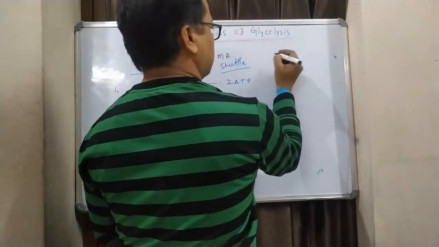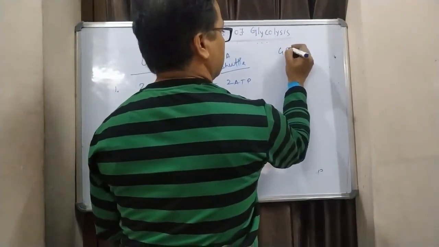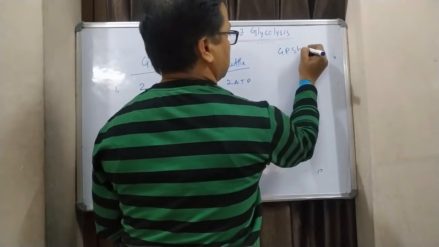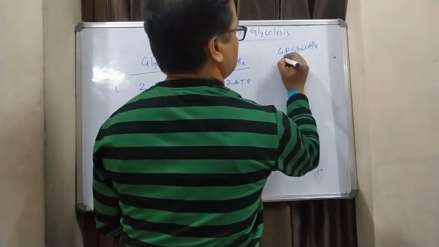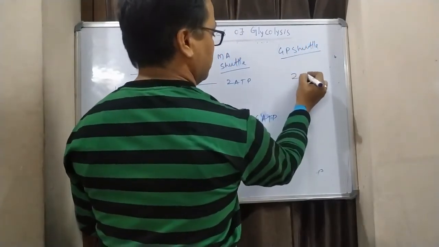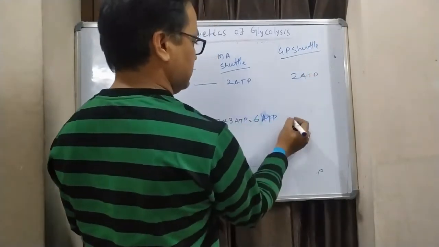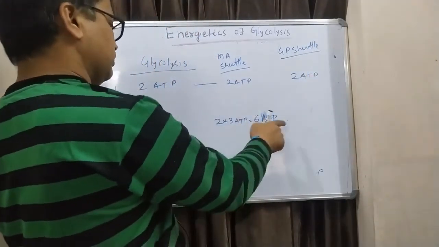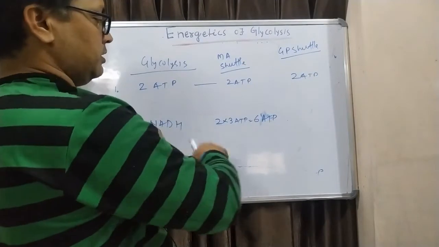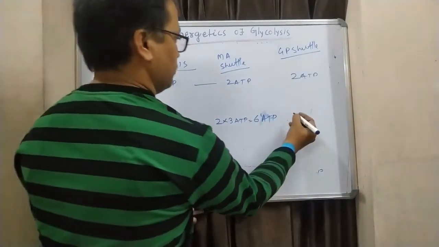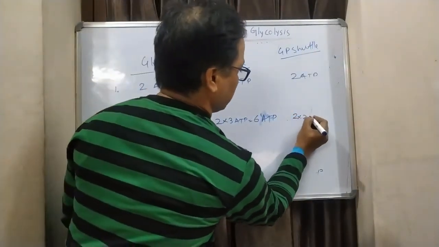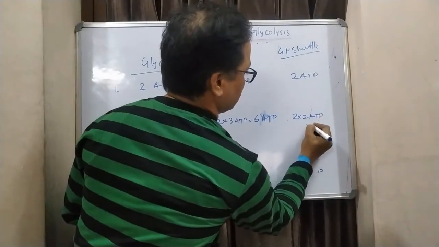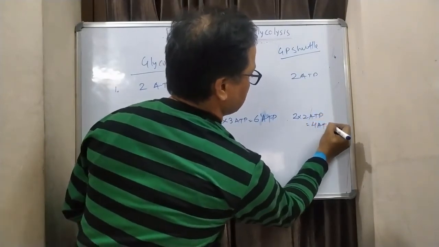But if we use the glycerol phosphate shuttle system, then here we get 2 ATP, and in return we use NADH and get FADH2, so we get only 2 multiplied by 2 ATP, so a total of 4 ATP.